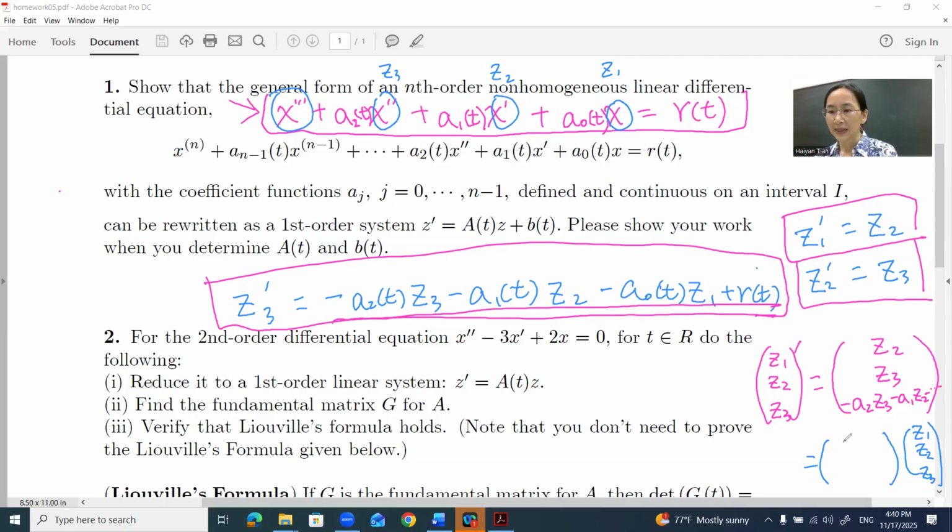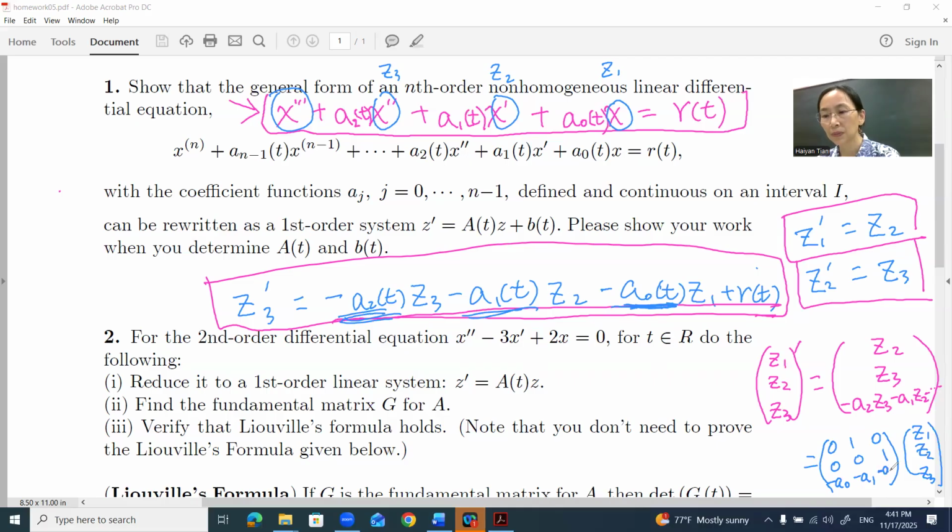So the first row will be 0, 1, 0. The second row of the matrix will be 0, 0, 1. The third row of the matrix, we can look at the coefficients, right? The coefficient of z1 is negative a0, so you put a negative a0, and here z2 will have a coefficient negative a1. And then z3 has a coefficient negative a2.